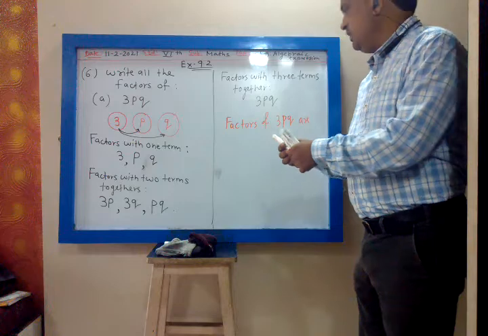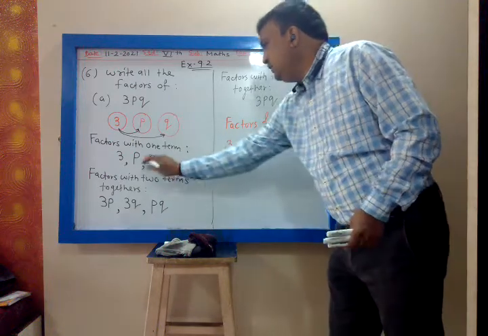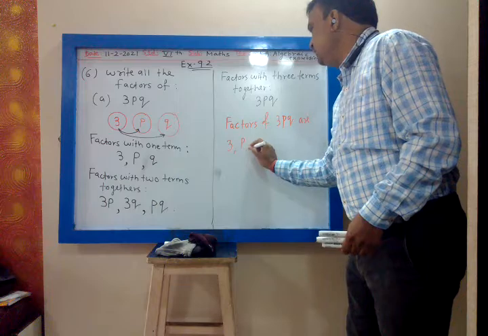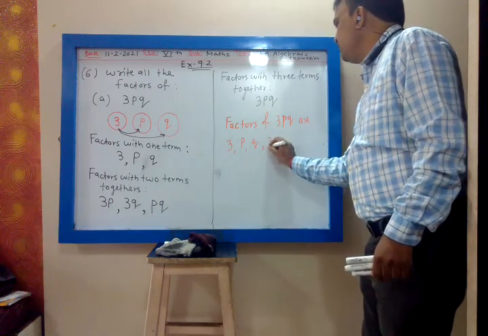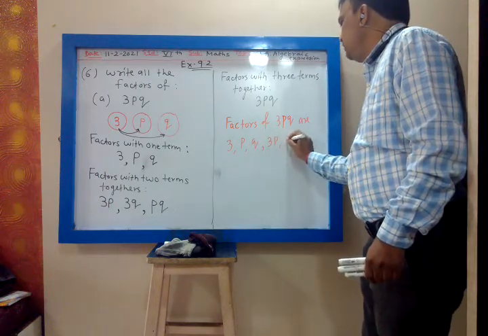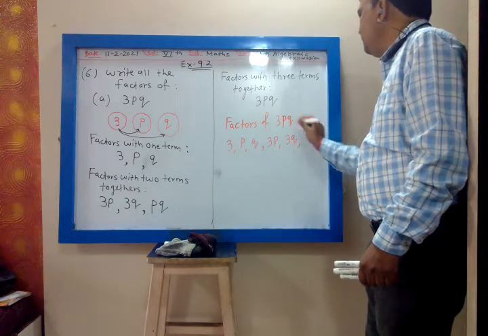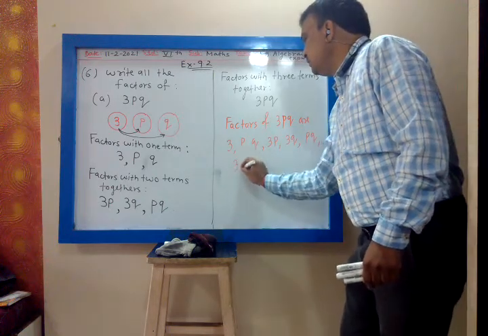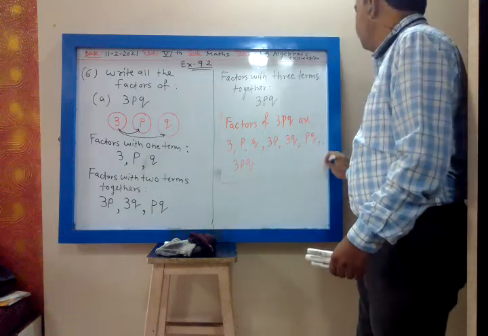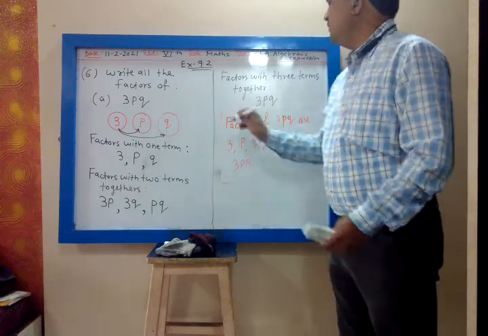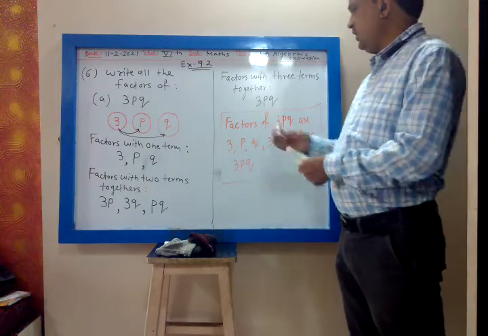So first it is 3, then P, then Q, then 2 terms together: 3P, then 3Q, then PQ, and last it is 3PQ. So these all are factors of 3PQ. This is my final answer.